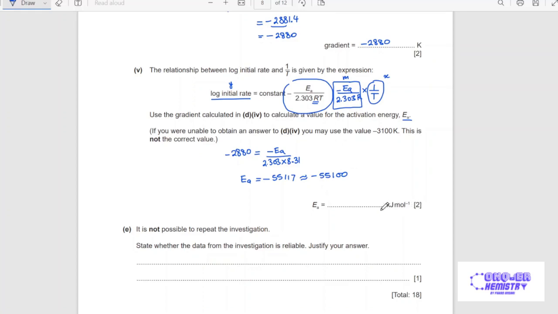All right. Now here's the thing. The units of activation energy are kilojoules per mole, and this answer seems way too large for kilojoules per mole. So just to make absolutely sure, what I will do over here is I will compare units, okay? So we know that the gradient has a unit of Kelvin, right? So I need this entire expression to have a unit of Kelvin as well. Okay, so the ideal gas constant, we know that it has a unit of joule per Kelvin per mole, right?